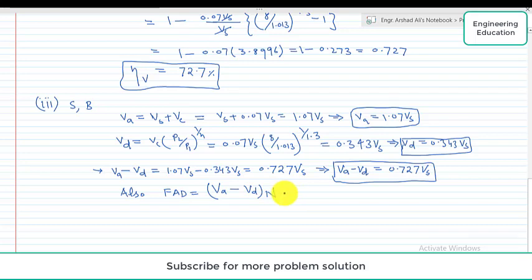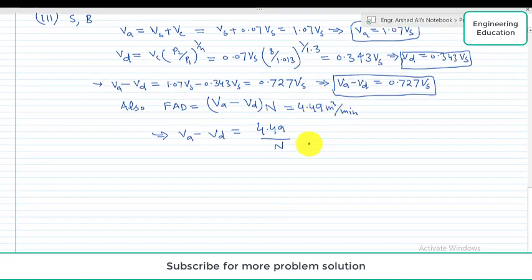So that is 4.49 cubic meter per minute. So to convert it into cubic meter, again, we will divide it by N. So when we divide it by N, VA minus Vd is equal to 4.49 by N. So N value is 300, 4.49 divided by 300.